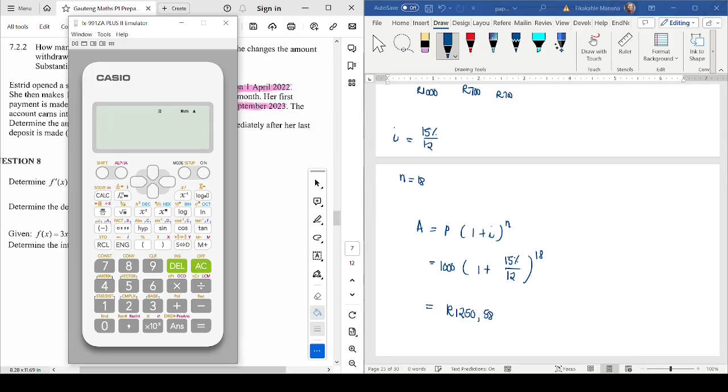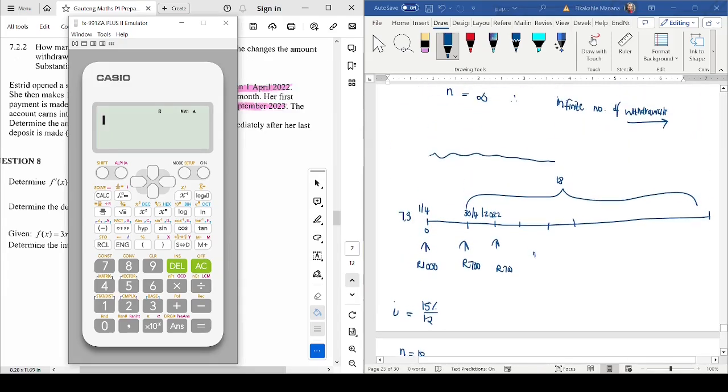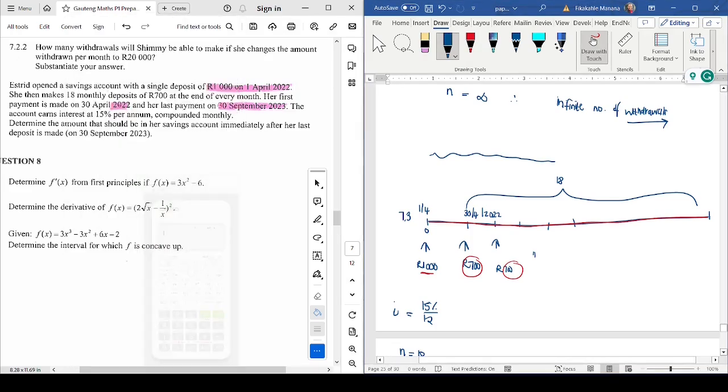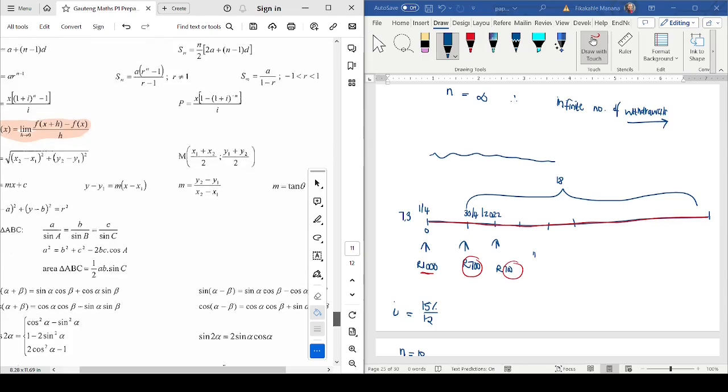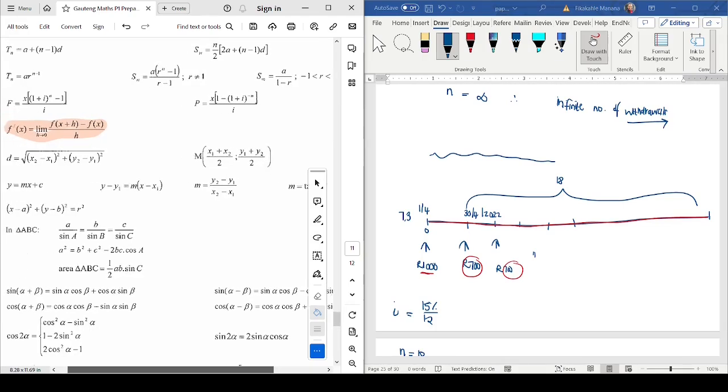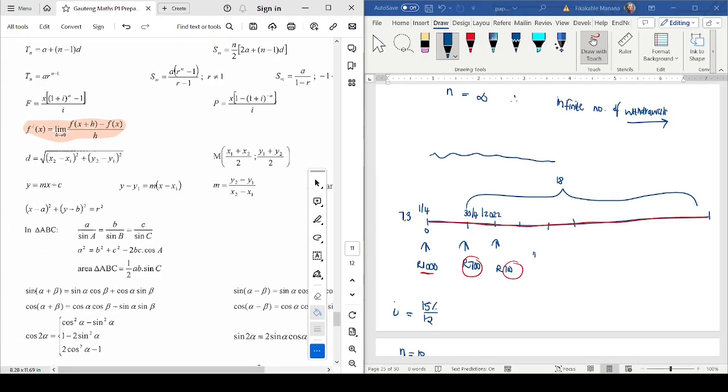All right, now let's get to the annuity portion. So we've dealt with the 1,000, which will be applicable for the 18 months. Now let's deal with the 700s, okay, that are coming afterwards, which is a future value annuity. Let's go have a look at the formula for the future value annuity. There it is.